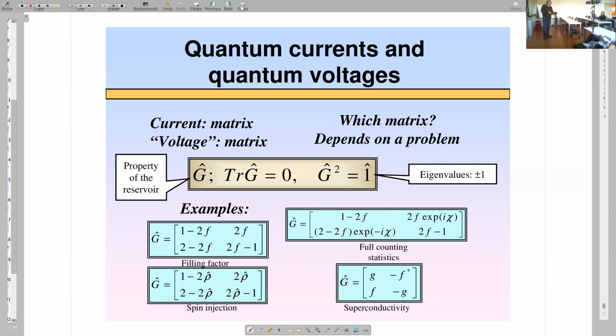Right. And different choices of these matrix voltages allow us to describe distinct physical situations. That's why it's not a theory about some physical phenomenon. It is a template.